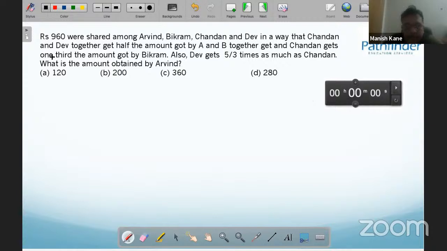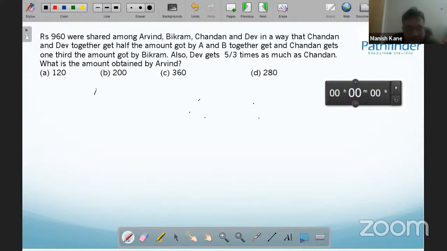So let me help you solve this question. Rupees 960. Anybody who's got the answer? It says A and B in one line. Let's see. Arvind, Bikram, Chandan, and Dev shared 960 rupees.